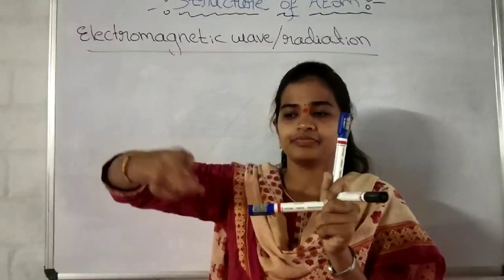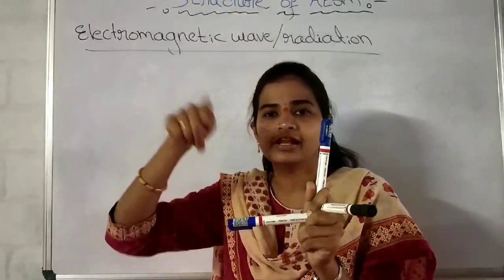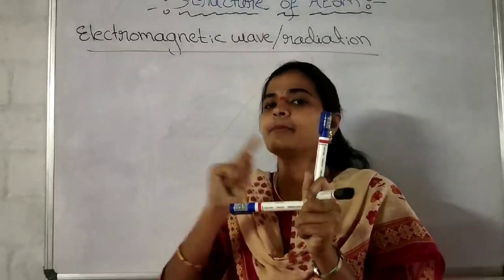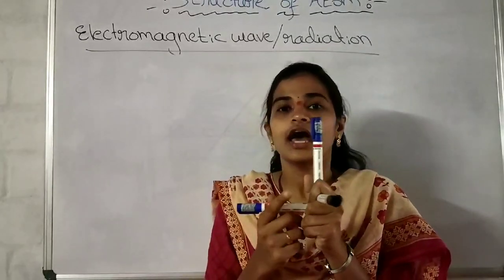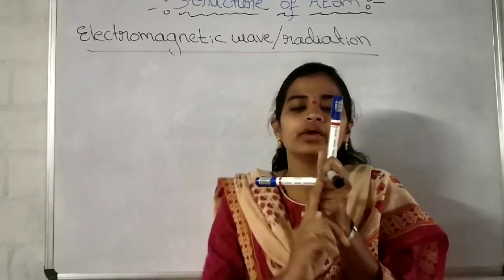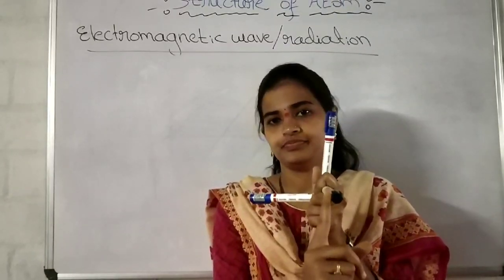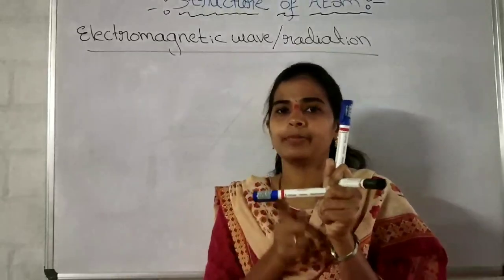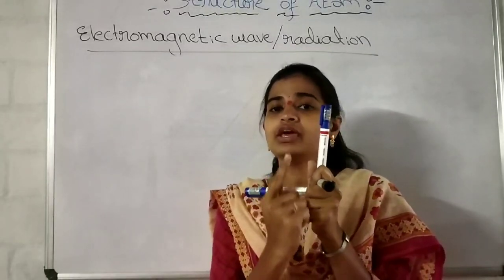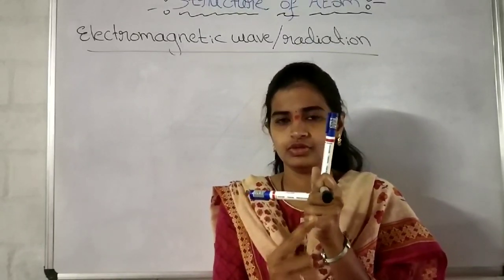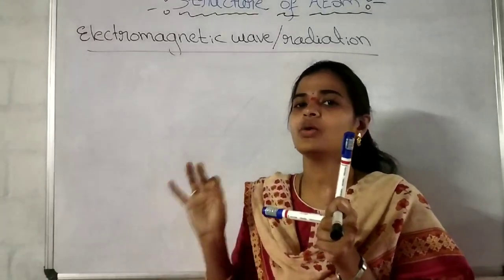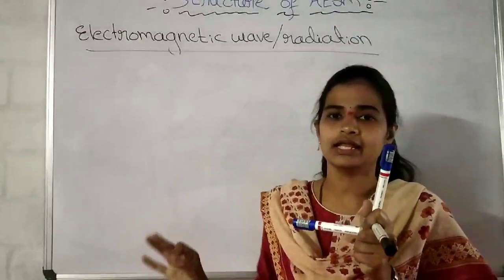Both the produced fields are perpendicular to each other, and the charged particle and fields together move in the Z direction. Both are perpendicular to each other and also perpendicular to the propagation of the wave. Such a type of wave is called electromagnetic wave or electromagnetic radiation.